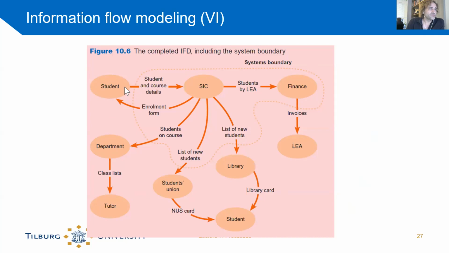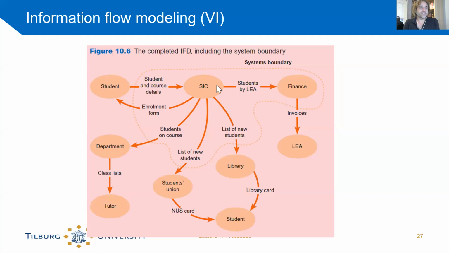The student signs up to a course, so the student and course details, the student name and the course the student signed up for, go through the student information center. SIC is the student information center. They give the enrollment form so the student can enroll. So this is again information.